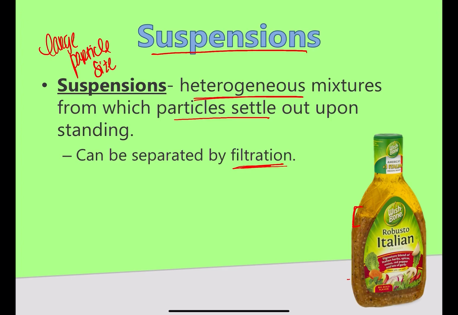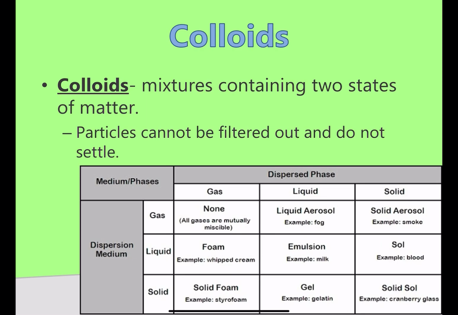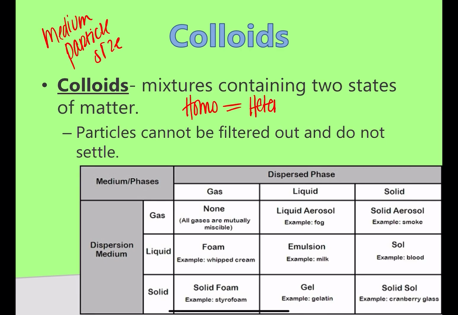Okay? Now, the last type that we're going to talk about is a colloid. And so a colloid kind of goes between a solution and a suspension. So it has a medium particle size. It's kind of in between homogeneous and heterogeneous. It's in between.